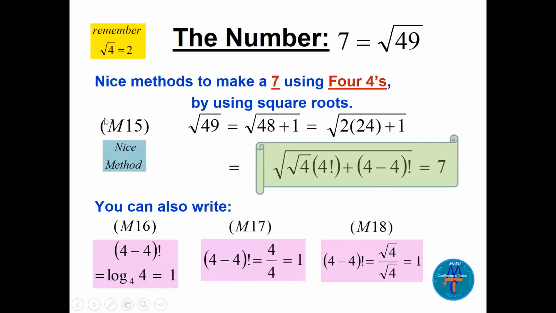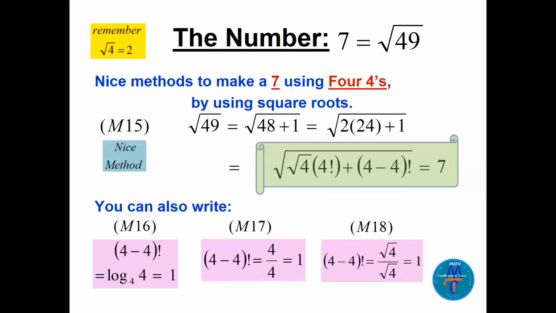That will give me method 15, method 16, method 17, method 18. Try this one. This is very nice, method 15. Now one more method. This is what I thought of, guys. You can find many other methods if you like to think more.